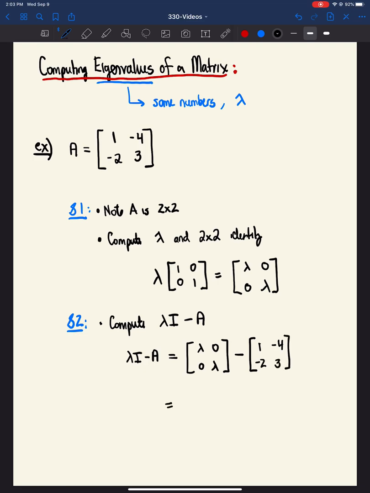So the resulting matrix is lambda minus 1, 0 minus minus 4, which gives us plus 4, 0 minus minus 2, which gives us plus 2, and finally, lambda minus 3.